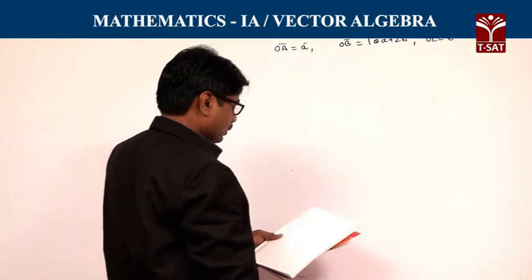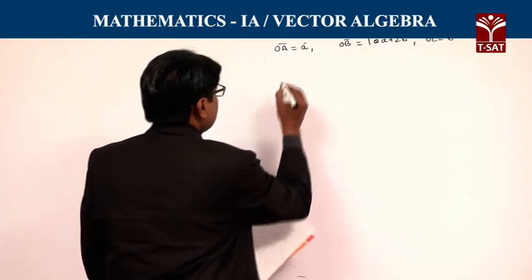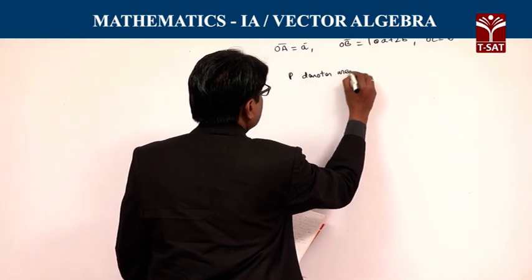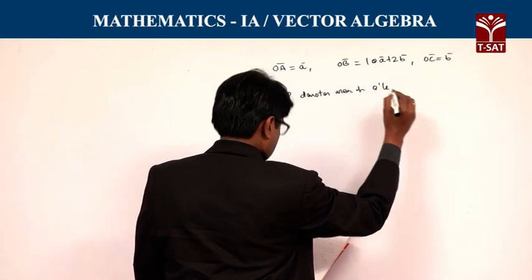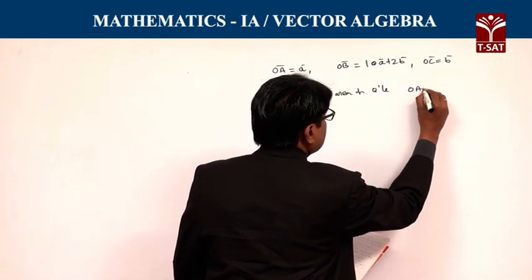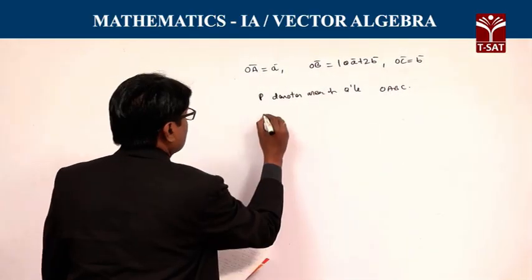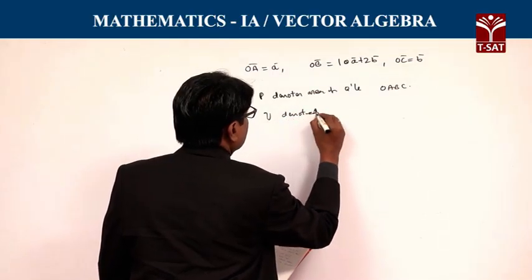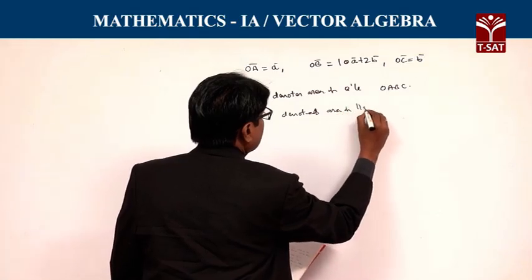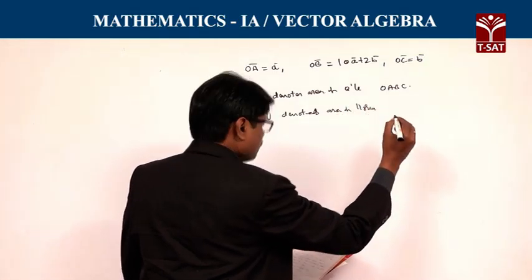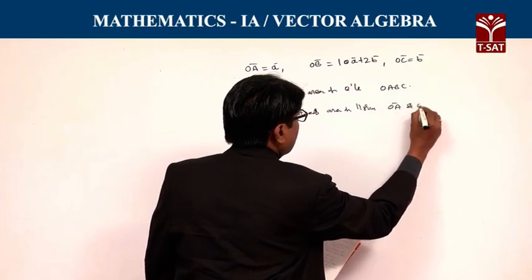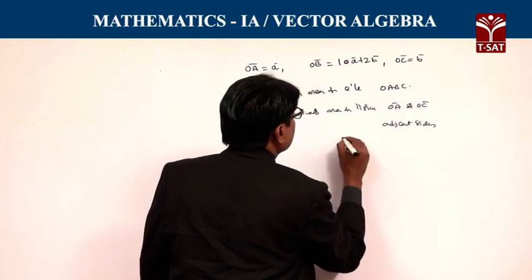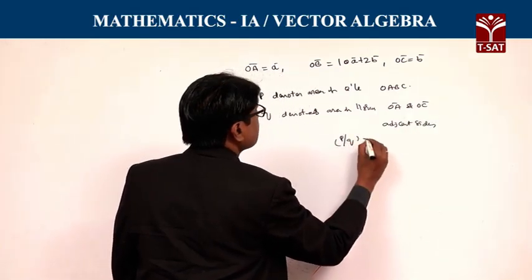A and C are non-collinear and P denotes the area of quadrilateral OABC, and Q denotes area of parallelogram with OA bar and OC bar adjacent sides. Then comparison of the areas, P by Q is equal to how much?